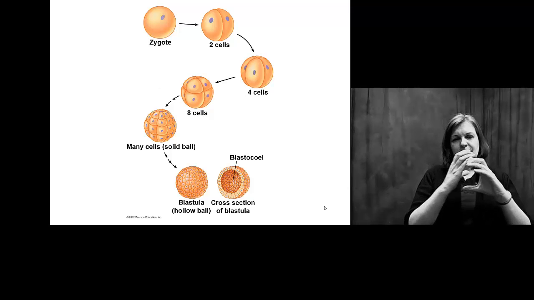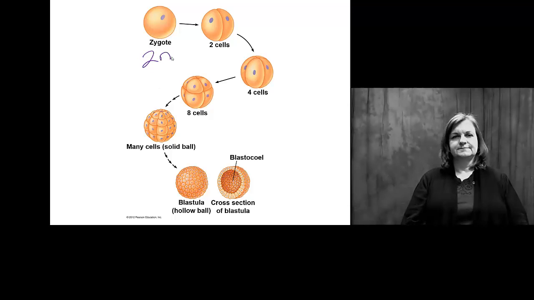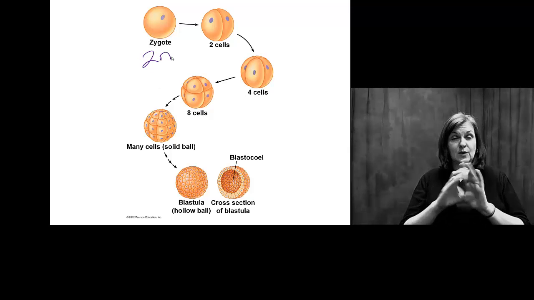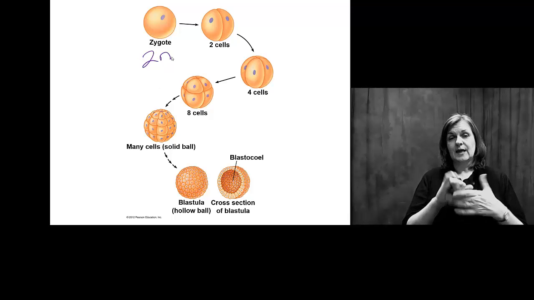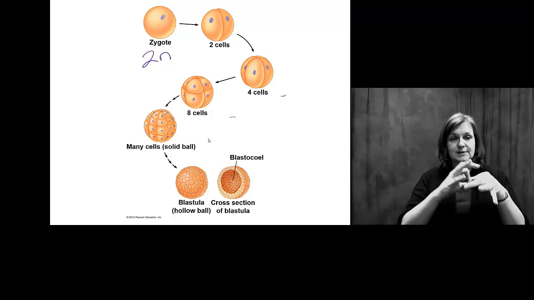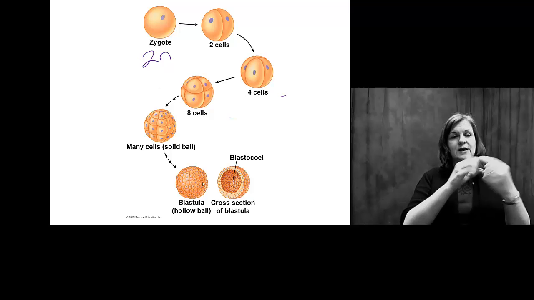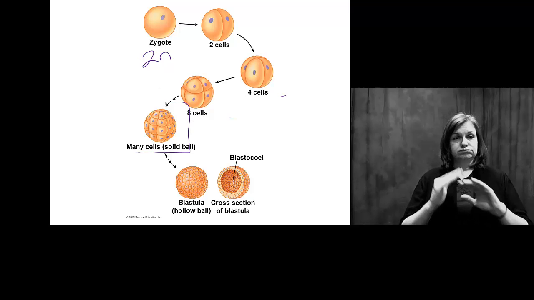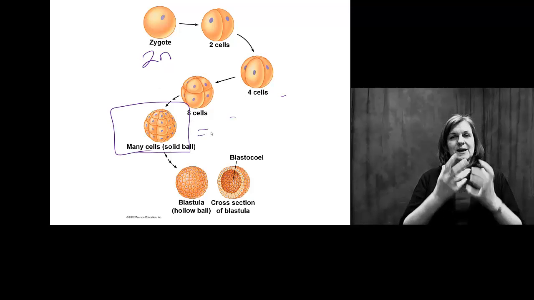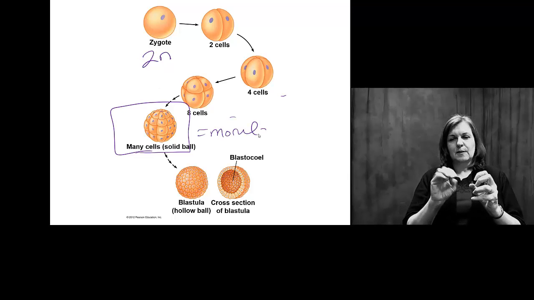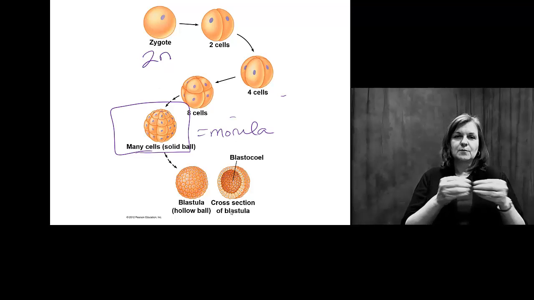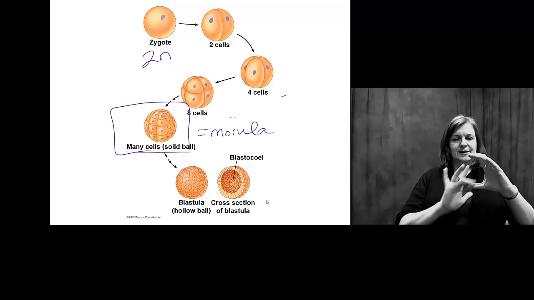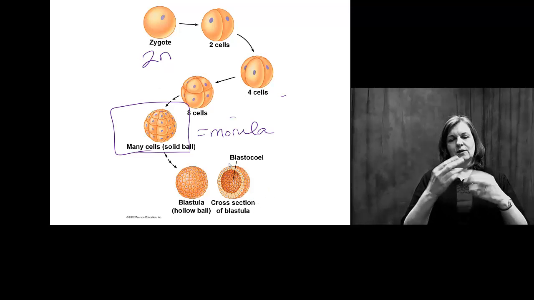In my diagram here, we start with that fertilized zygote, 2N, that was produced as the union of sperm and egg, and we divide and divide and divide until we get so many in this solid ball of cells that we called the morula. We then produce this blastula, or a hollow ball of cells.